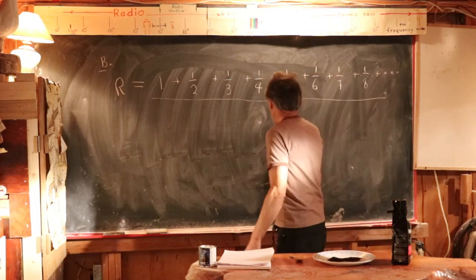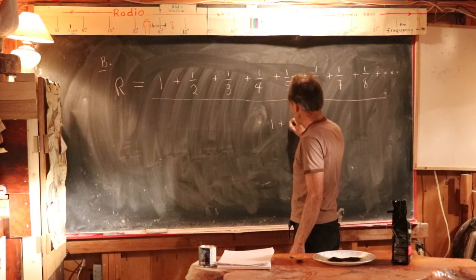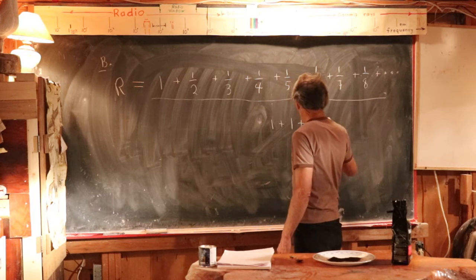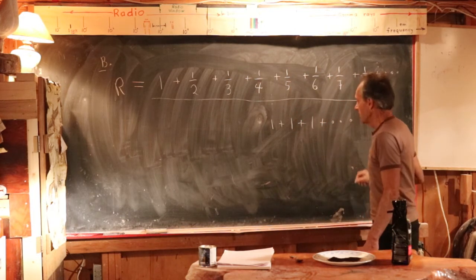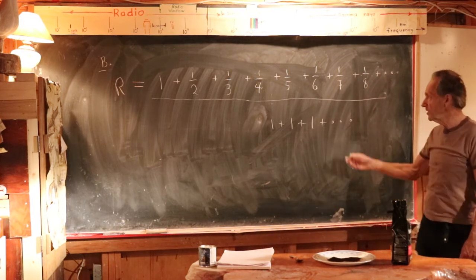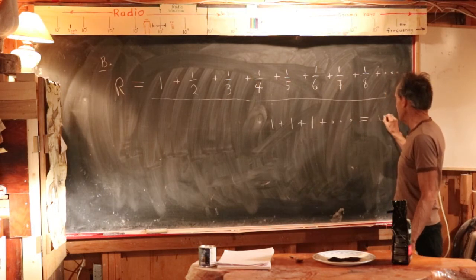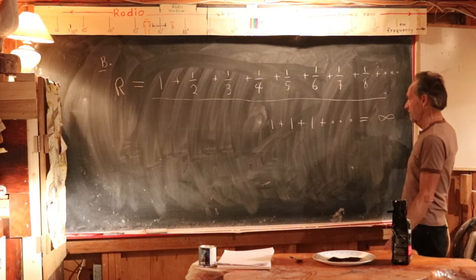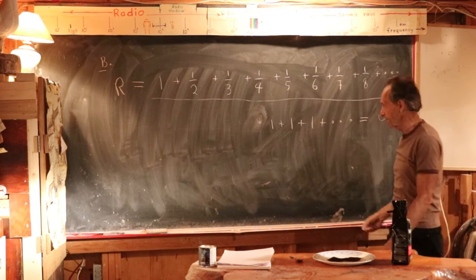Okay, first of all though, I would ask you, what about this sum? What about 1 plus 1 plus 1 plus and so on? What does that add up to? I hope you see this is infinite. This is infinity, larger than any number you can name. Just go out far enough, and you can always add one more to it, so it's infinite.